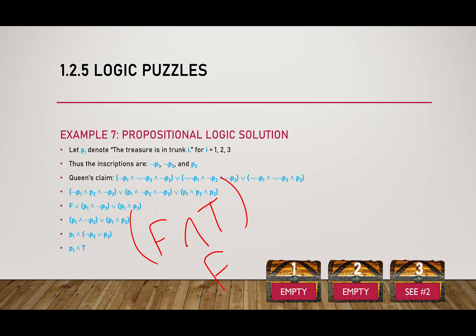Well, in other words, it evaluates to whatever P1 is. So no matter which way you slice it, some proposition P ANDed with something that's definitely true evaluates to whatever P happens to be, right? So P1 and true are logically equivalent to P1.